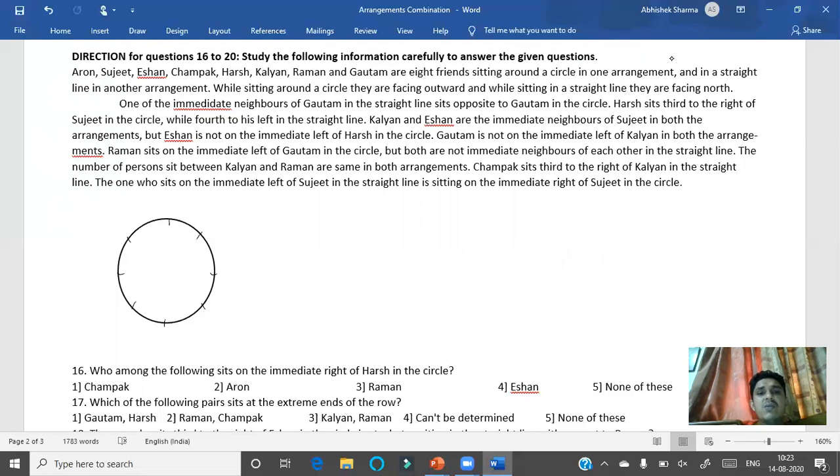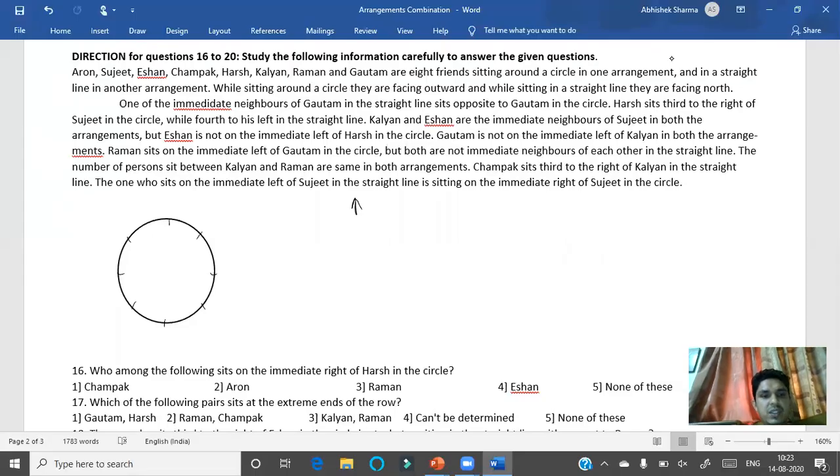While sitting around a circle, they are facing outward. While sitting in a straight line, they all are facing towards north direction, right? Thereafter, one of the immediate neighbors of Gautam in a straight line sits opposite to Gautam in a circle, right? Harsh sits third to the right of Sujit in a circle.